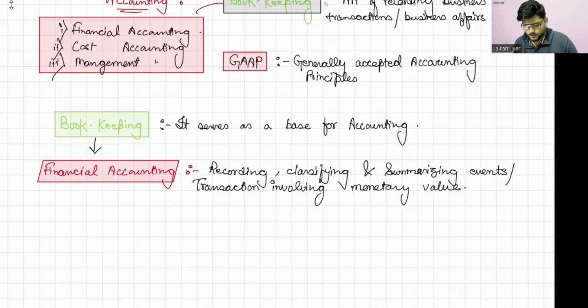But what actually is happening? Suppose for the financial year 22 and 23, I have done the business. You all have invested in my business, and at the end of the year, I'm giving you the financial statements. That means I'm giving you the journal, ledgers, trial balance, and the profit and loss account and balance sheet.